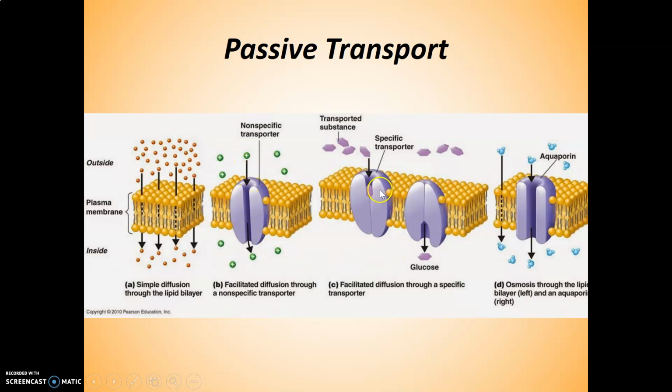And then here you have a specific transporter, so a carrier protein. It's specifically designed for one substance and one substance only. In this case, it's glucose, where it's going to transport glucose into the cell. And here is osmosis, through the bilayer, and it's using the aquaporin protein.